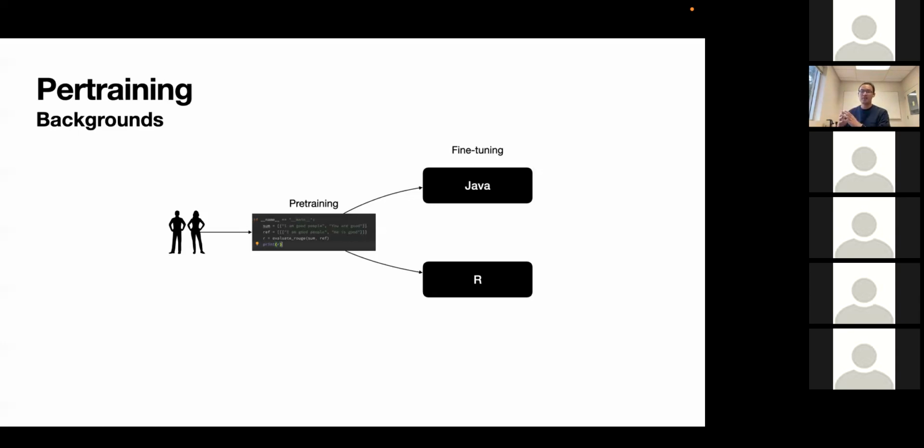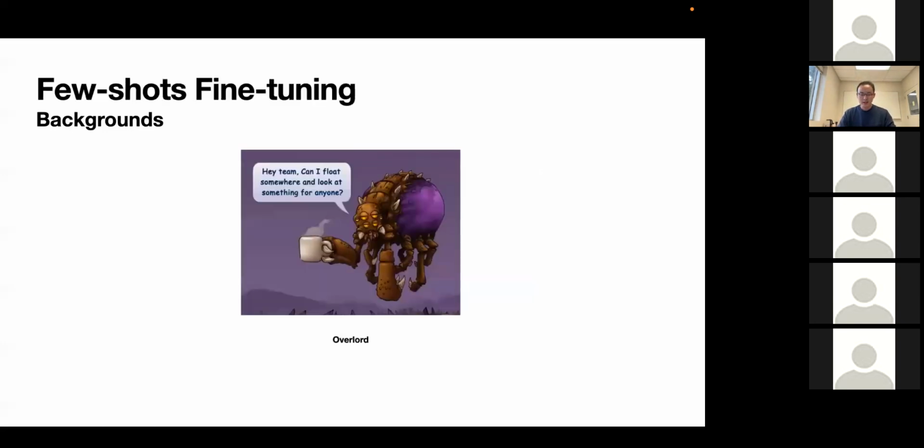We just need much less data than the pre-training to let the model quickly learn the whole process. And the second concept I want to introduce is few-shot fine-tuning, because in real life some resources are very limited, like cancer images.